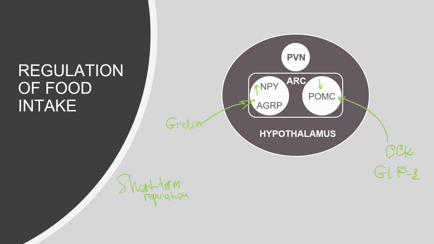It acts as a peripheral anorexigen in the same manner as CCK. So I'll just add it over here. But besides this role, it also stimulates insulin release from the pancreas by potentiating glucose effect on Langerhans islets.